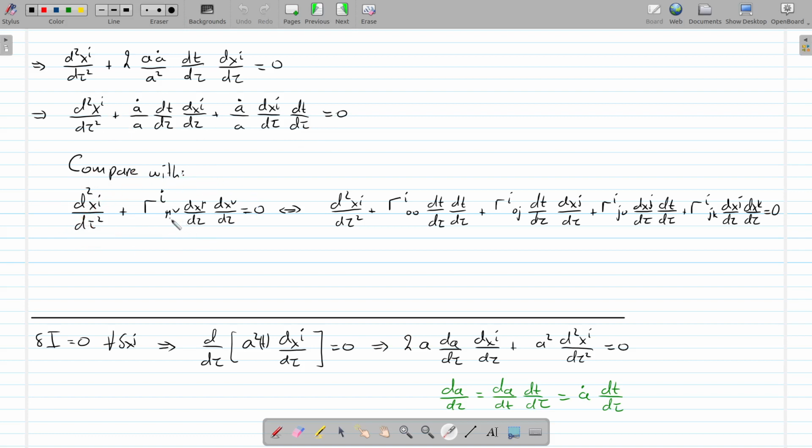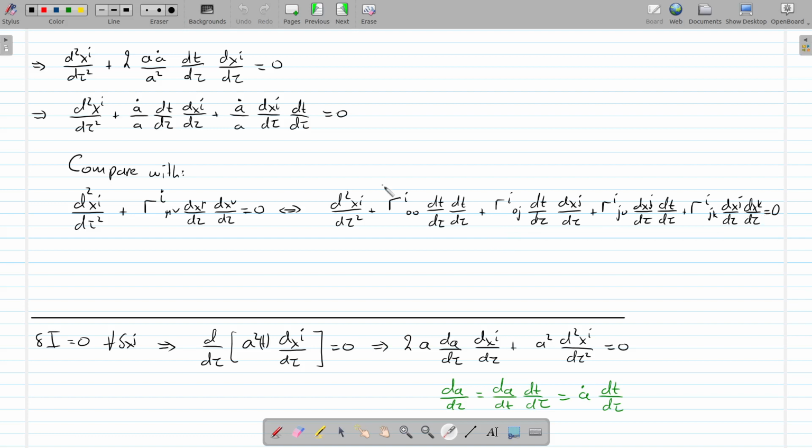Now let's be careful a little bit, because here the index is i, but the lower indices are summed over all possible values of mu and nu, including 0. So we have those four possibilities, one having 0, 0, dt dt, 0j, dt dx^j, j0, dx^j dt, and jk, dx^j dx^k.